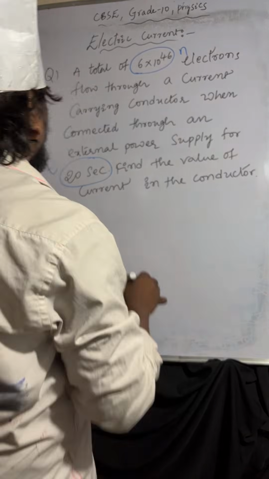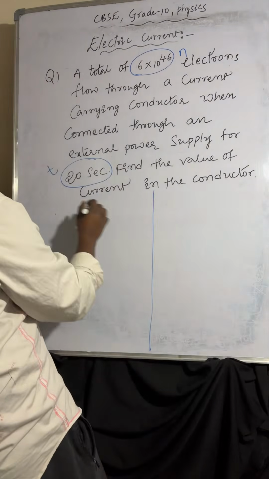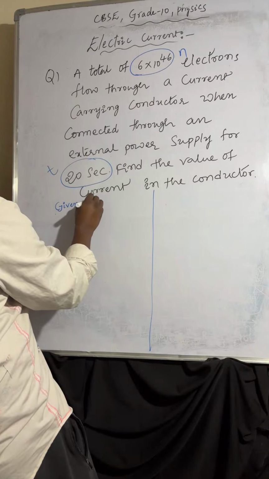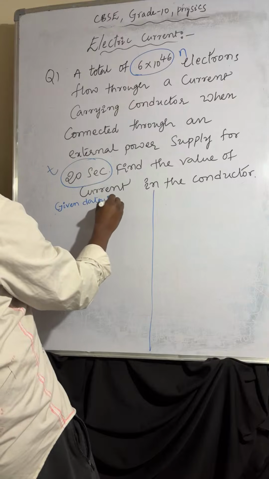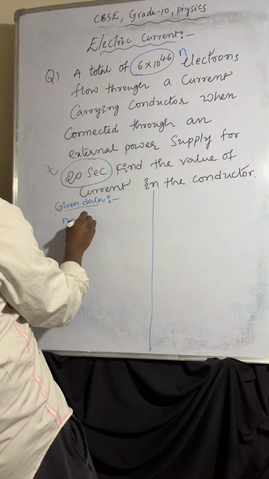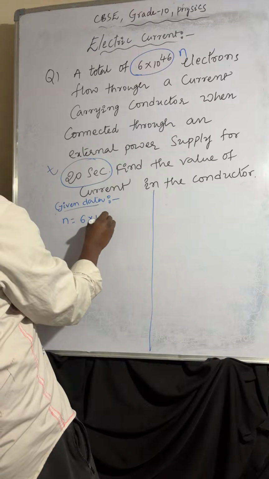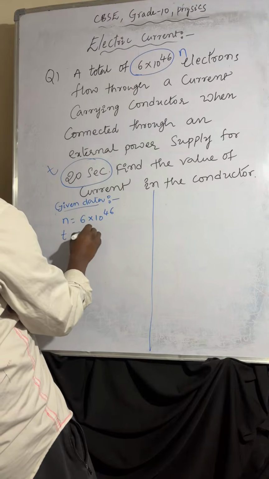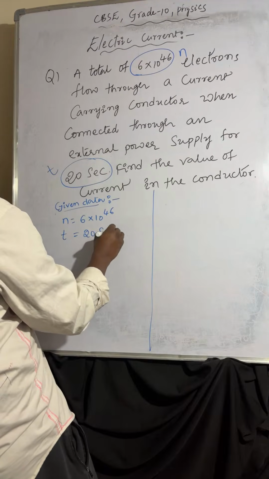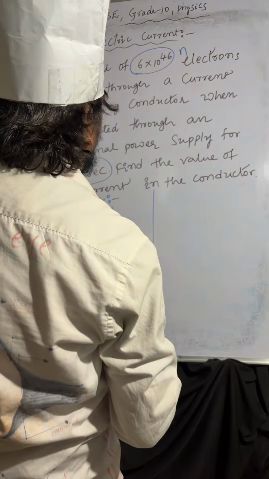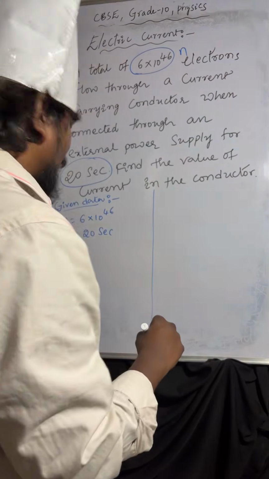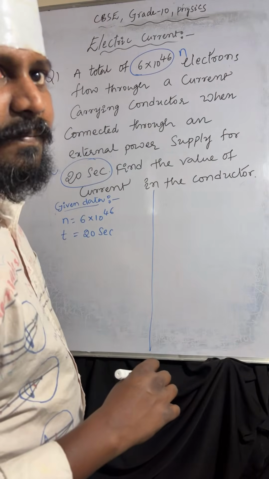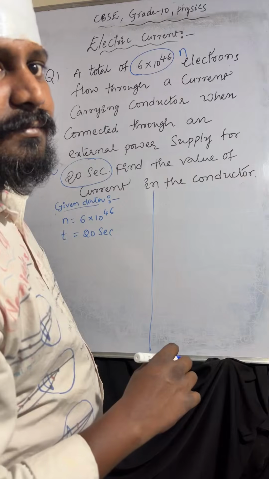So the given data is n equal to 6 into 10 power 46 and t equal to 20 seconds. Understood?